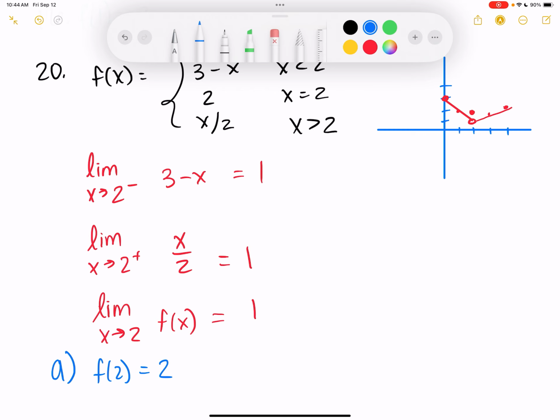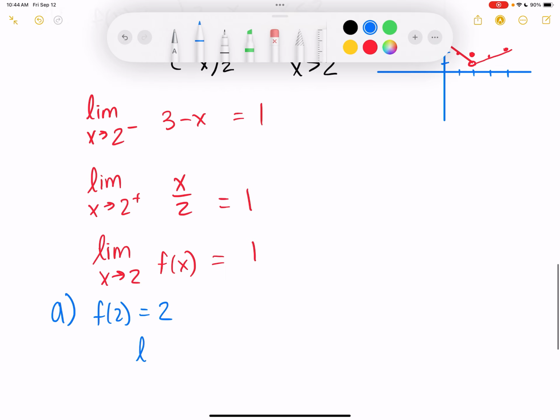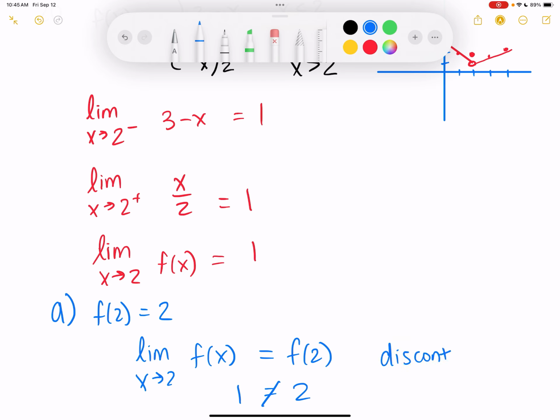And part of the reason that I know this is because the limit as x approaches 2 of f of x should be equal to f of 2 if it's continuous. So since the limit as x approaches 2 of f of x is equal to 1, but f of 2 is equal to 2, those are not equal, so it is discontinuous at x equals 2.